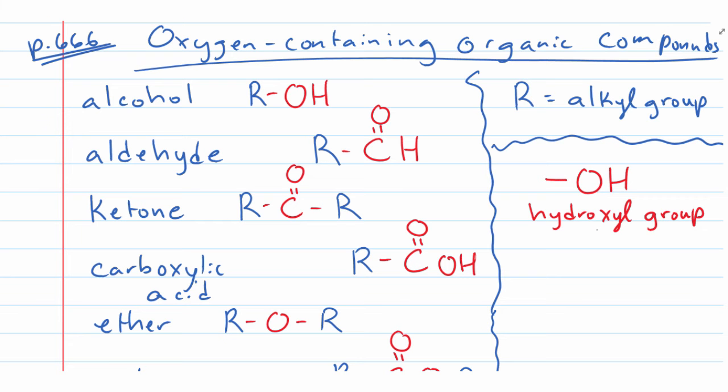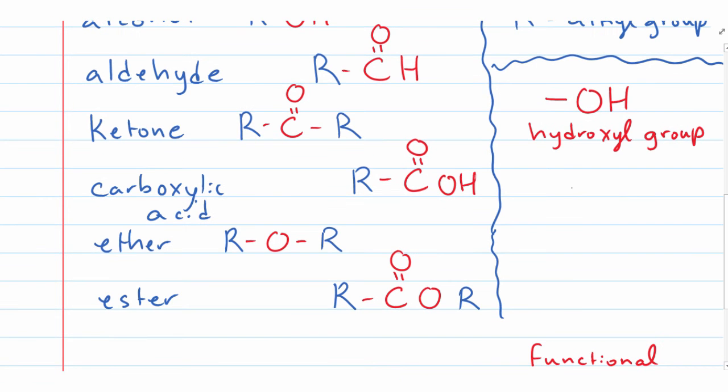So this here is a hydroxyl group, where it makes a covalent bond to some other group of atoms. Then we have this arrangement: a carbon double bonded to an oxygen. Of course, because carbon can make 4 bonds, it has to make 2 more bonds to something else. This is called a carbonyl group.